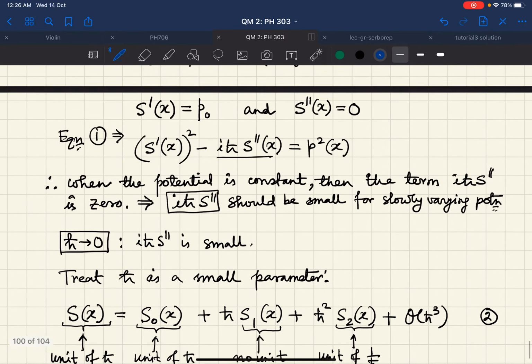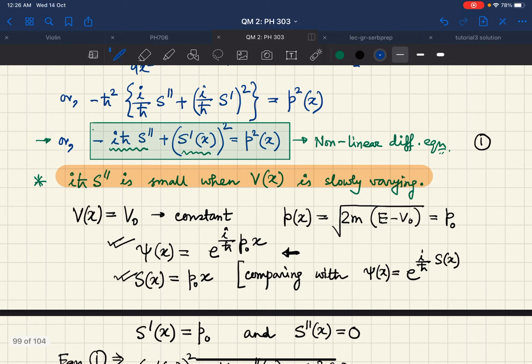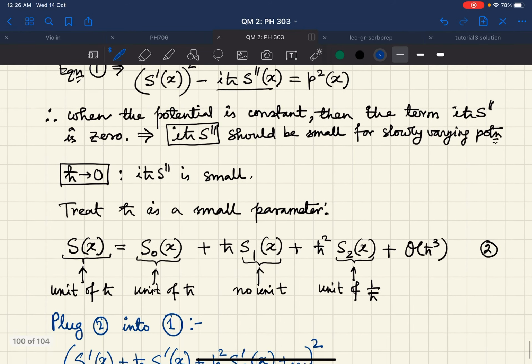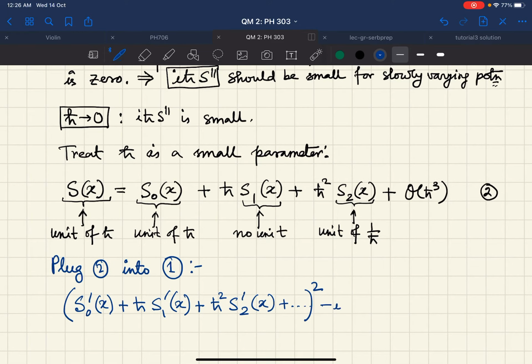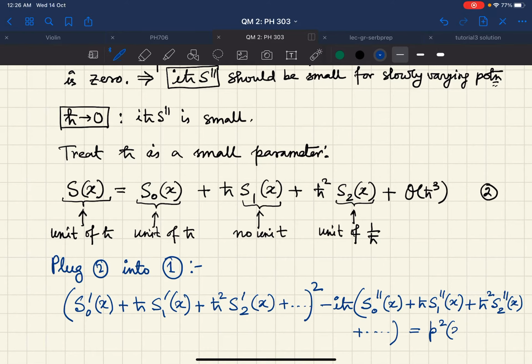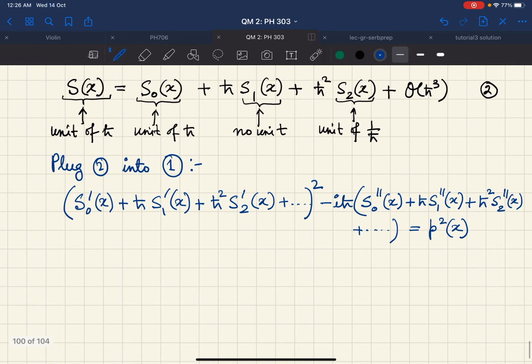This is S prime squared, and then I have minus iħ S double prime, which means S0 double prime of x plus ħ S1 double prime of x plus ħ squared S2 double prime of x, equal to p squared of x. So this is the equation.